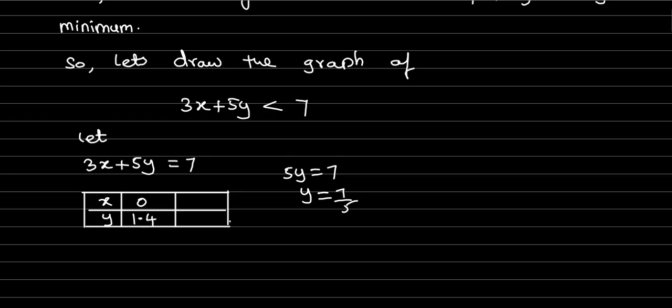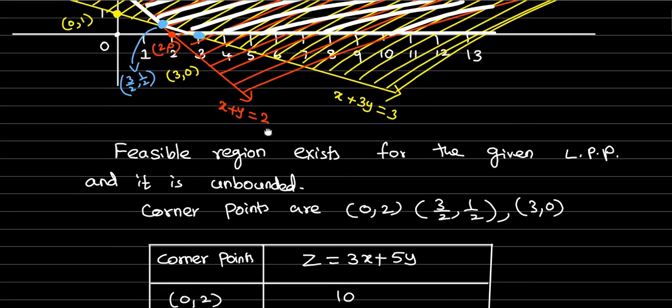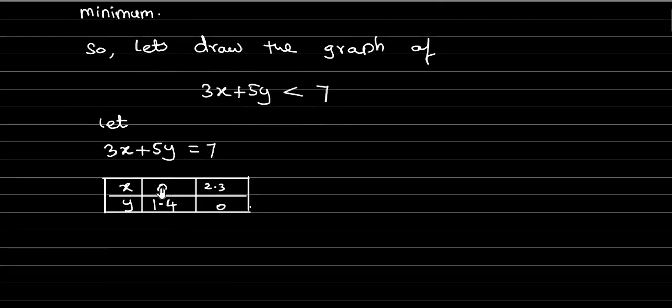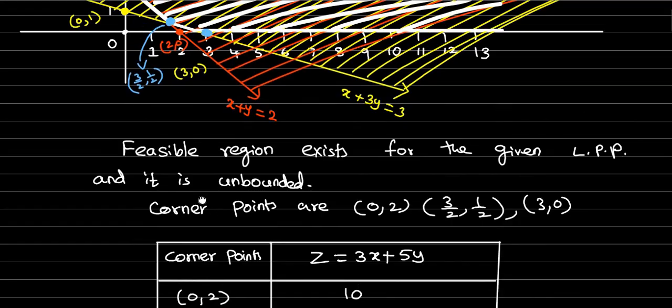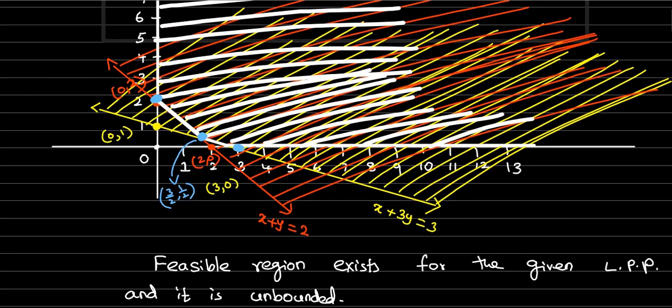Now if y equals 0, then 3x equals 7, so x equals 7/3. The approximate value of 7/3 is around 2.333, so let's take it as 2.3. Now in the same graph, plot these two points: (0, 1.4).